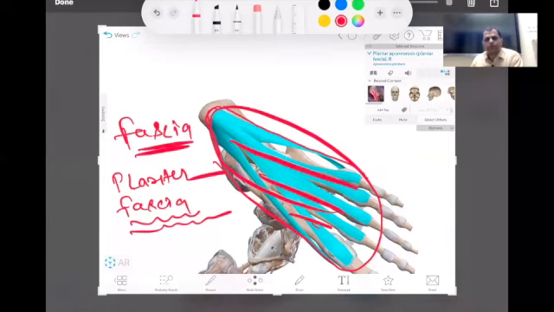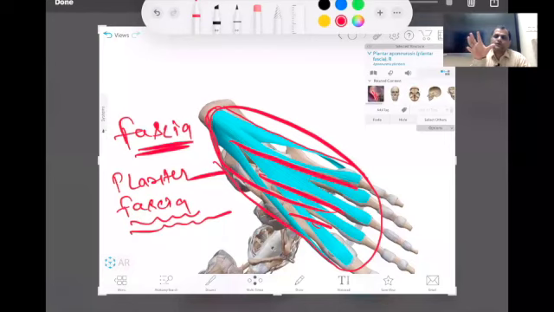So the second cause of heel pain is this fascia. Many people get heel pain because of this fascia. What is happening? Why do they get the pain here? This fascia is pulling the structure.